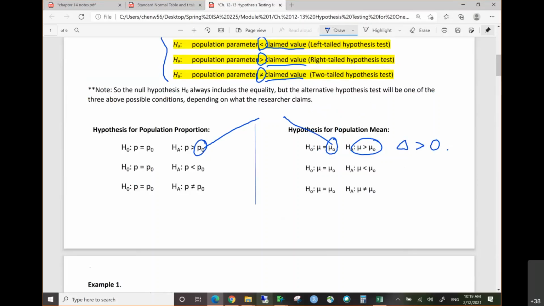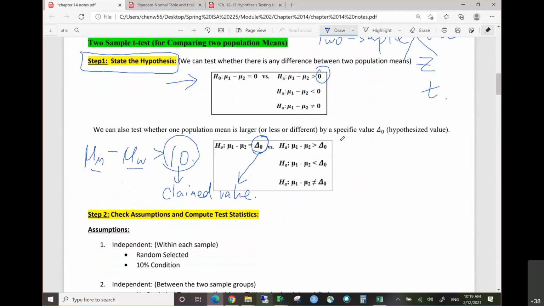We call it delta 0. So this is the general format for comparing the 2 population means. If we don't care about how much mu1 is larger or less than mu2, then delta 0 is a special case. That's delta 0 is just 0.